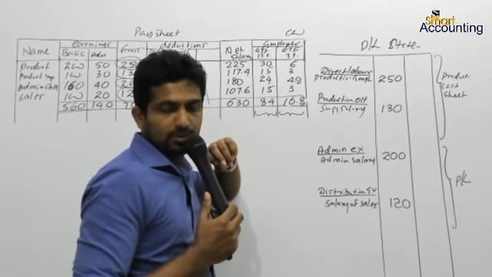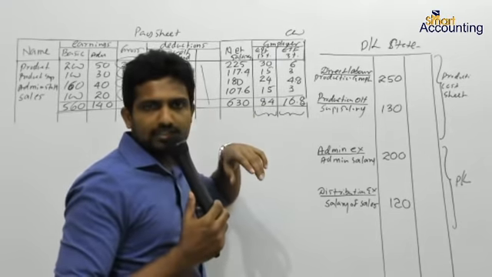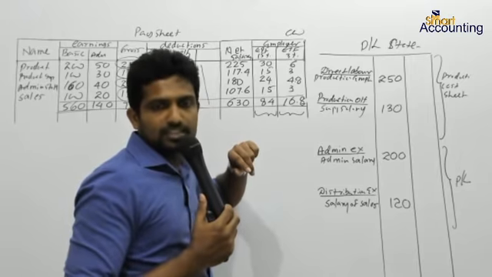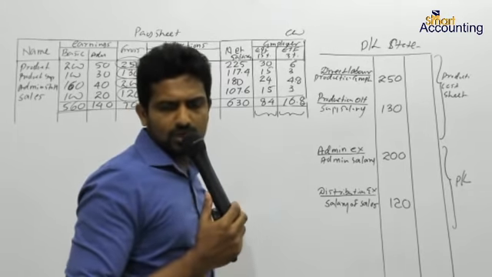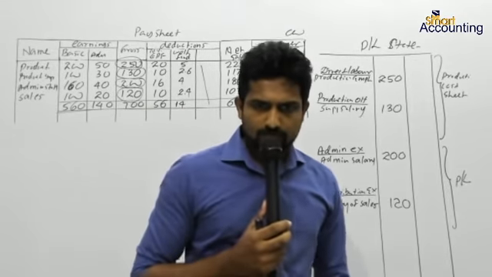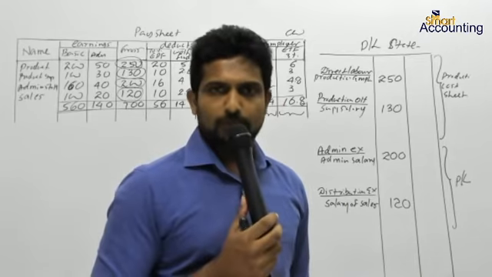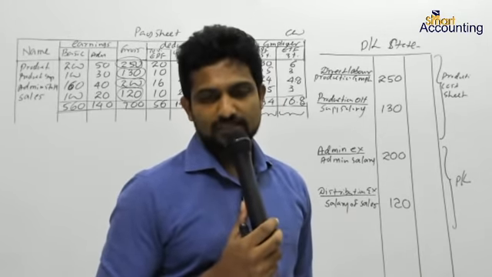Not in SOFP, in profit and loss. I'm asking, normally EPF and ETF we show under where? Administration expenses. Right. You all are answering. We show that under administration expenses. Up to now in all the questions we showed that under administration expenses.